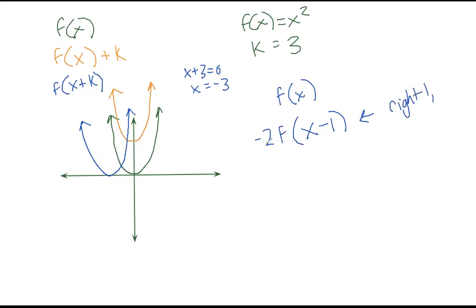And 2 means a vertical stretch by a factor of 2, so double. And then the negative flips it across the x-axis. I think we'll have some more practice questions with this, but you kind of see where that's going.